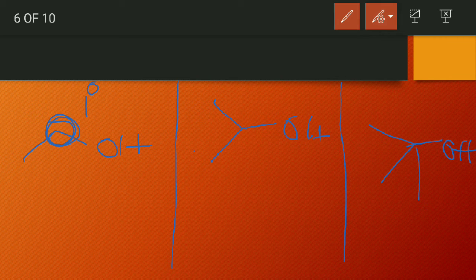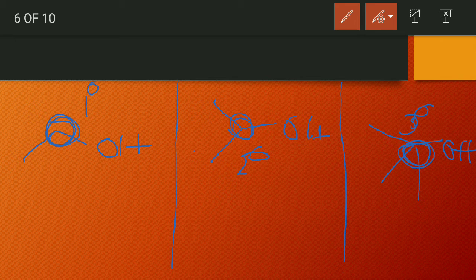What is the degree of this carbon? The degree of this carbon is 2. And what is the degree of this carbon here? It is 3 as it is directly attached to 3 carbons. Right. So, what is the degree of alcohol?